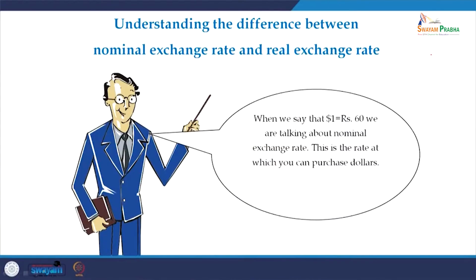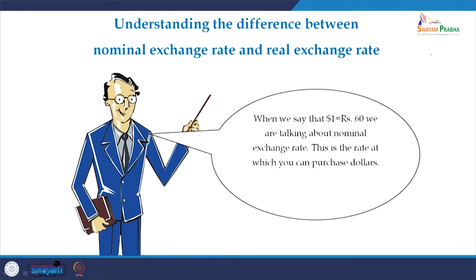So, let us say that we have $1 equivalent to 0.6 rupees. No, sorry, that is very absurd. So, it is very clearly given, it is 60 rupees. Okay. Let us say $1 is equivalent to 60 rupees.